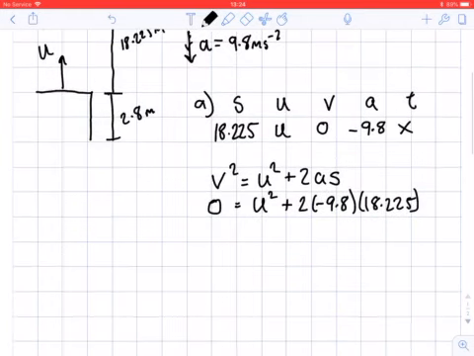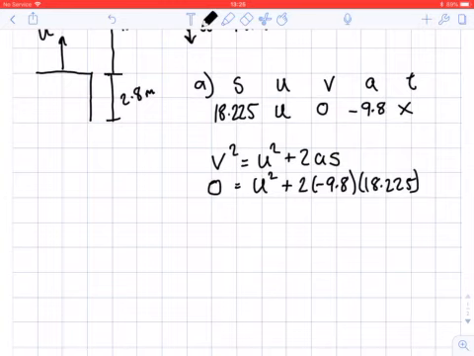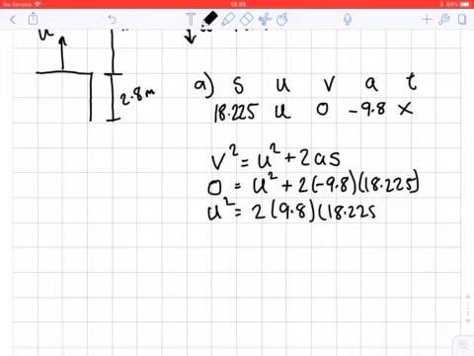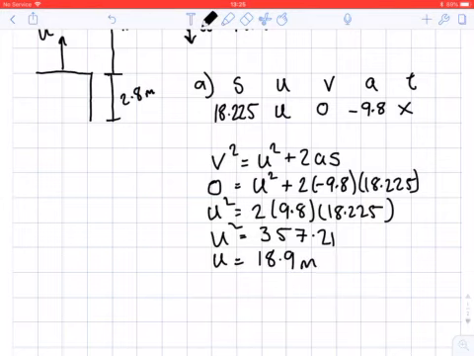Now I'm going to take that expression over to the other side by subtracting it, because there's a minus in there, to make it positive, and with a bit of rearranging I get u squared is equal to 2 lots of 9.8 times 18.225, and that gives me a value of 357.2 when I put it into my calculator. When you square root you get a value of 18.9 meters per second.